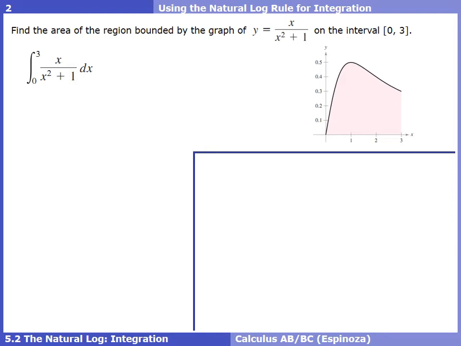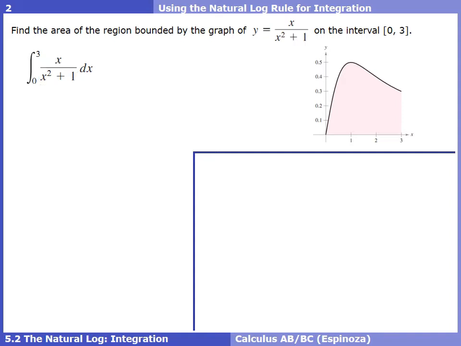Okay, so what can we do to solve this problem? Well, you might be tempted, I hope you aren't, but you might be tempted to try to split this into two separate fractions. Unfortunately, we can't do that because we have terms in the bottom, and we can't split a denominator up to simplify.